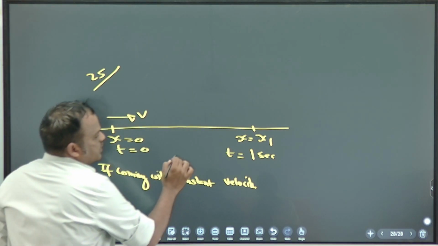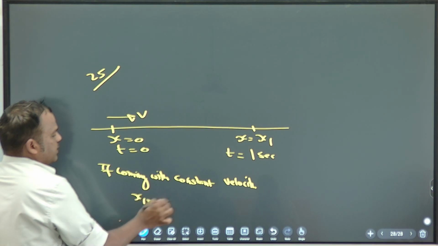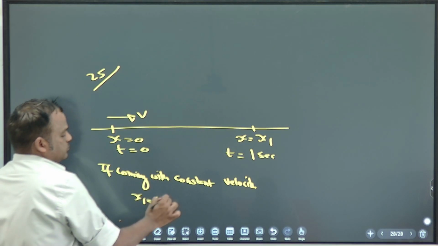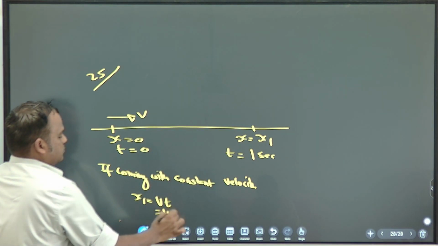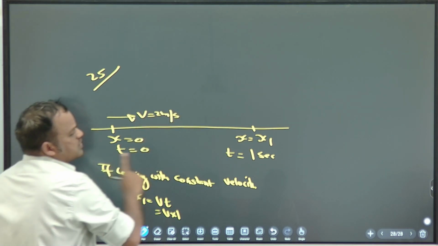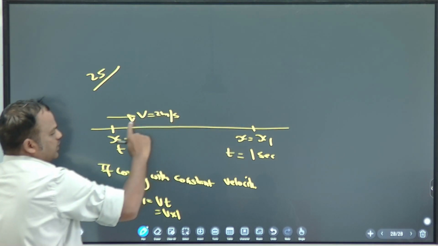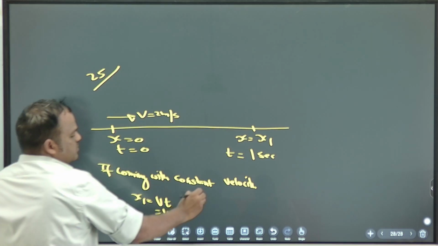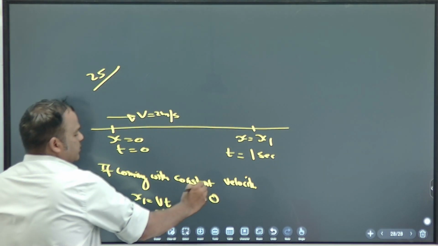So what is the distance covered? x1 is equal to vt, and t is 1. Suppose it is coming with 2 meter per second. So what is the distance covered in 1 second? 2 meter, correct? So what is acceleration in that case? 0.